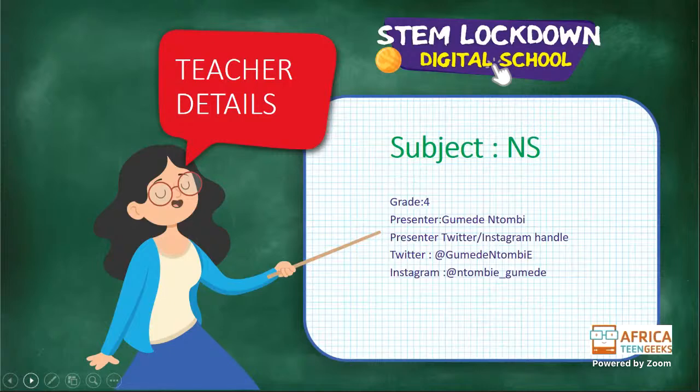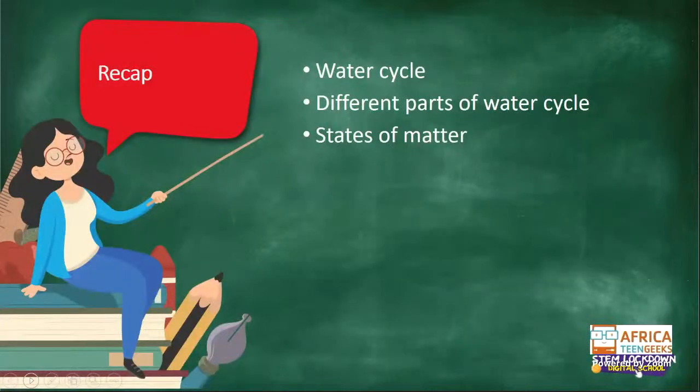Just to recap on yesterday's lesson, we did the water cycle. By now, you should be able to understand what a water cycle is. You should know the different parts of the water cycle, and if you are given a diagram, you should be able to label them.